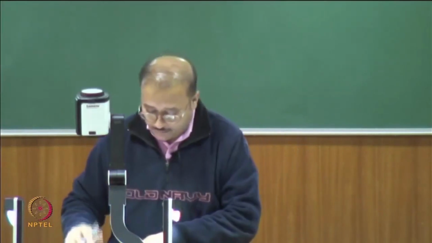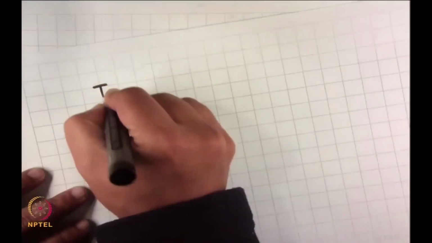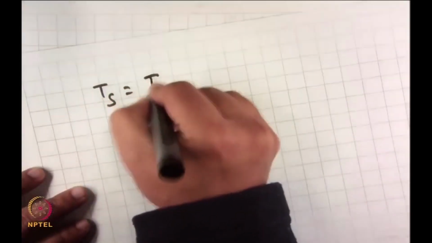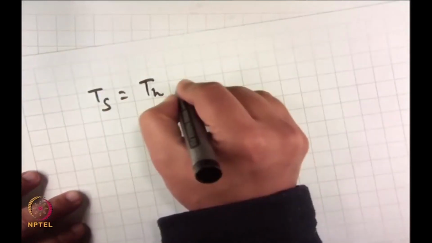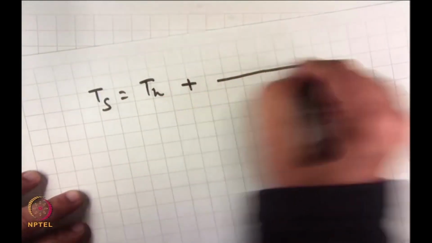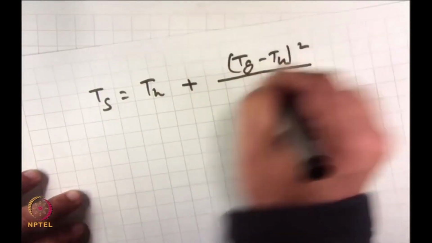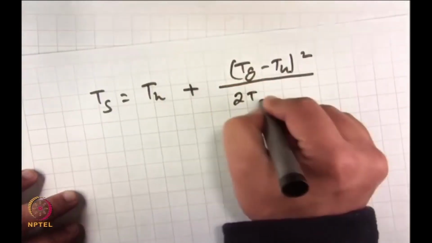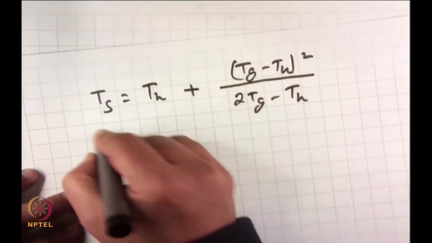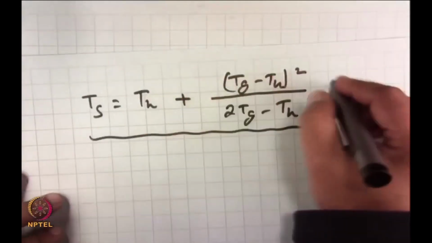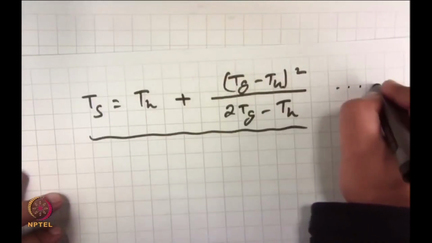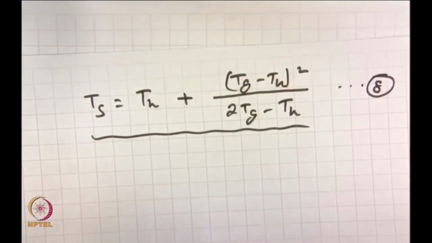It is essentially just for simplification. The way people finally express this, Ts is T of H plus (Tg minus T of H) whole squared over 2 times (Tg minus T of H), just a further simplification from equation 7, and let this be equation 8.